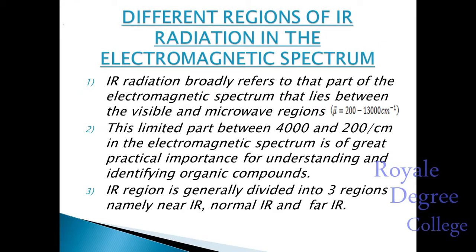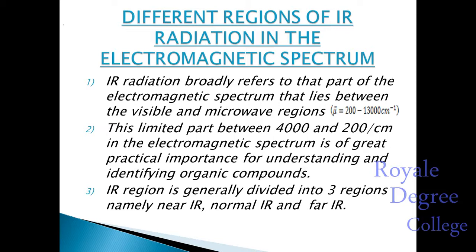First, we'll study different regions of infrared radiation in the electromagnetic spectrum. Infrared radiation broadly refers to that part of the electromagnetic spectrum that lies between the visible and microwave regions. Mu bar is equal to 200 to 13,000 per centimeter.